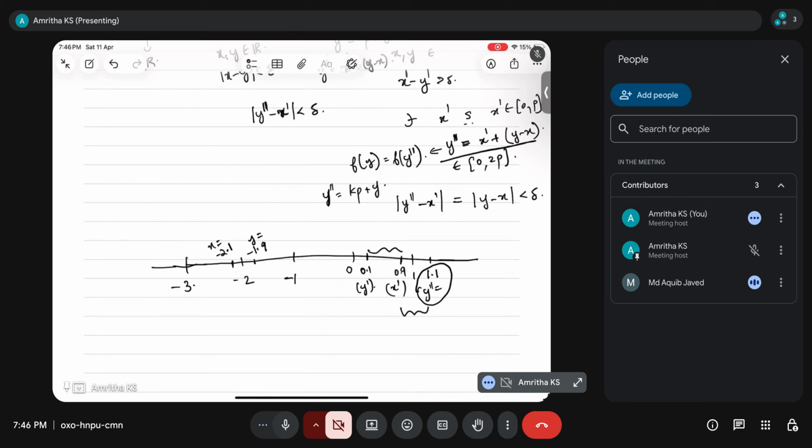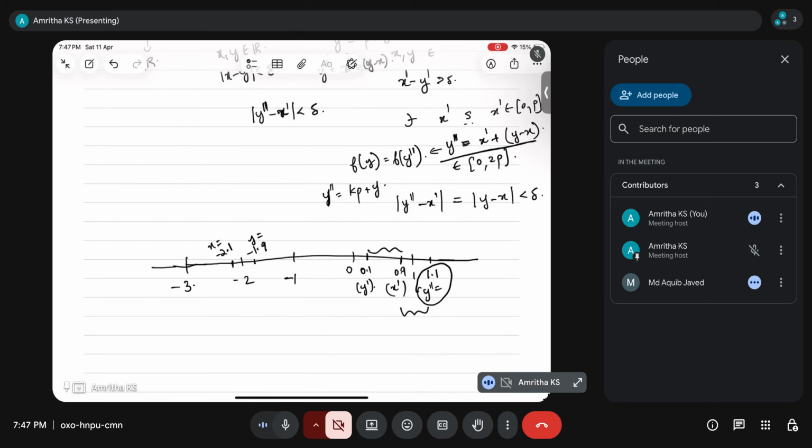X dash plus. Oh, it is the same thing. Okay.